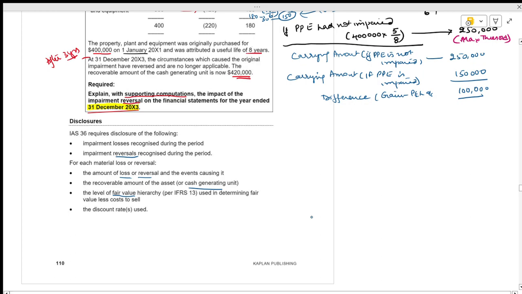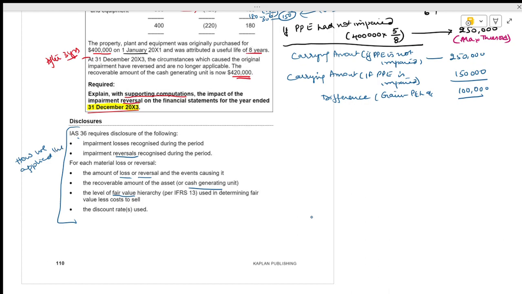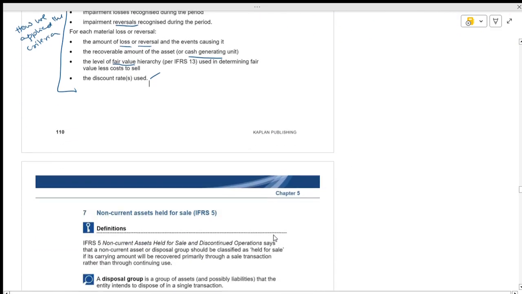This is a little bit challenging. Is that fair value less cost to sell? We have to be very specific about how we applied the criteria. Fine. This is the simplest way.